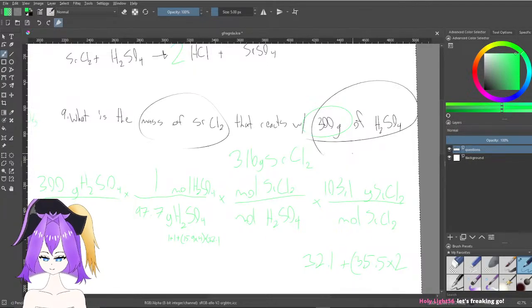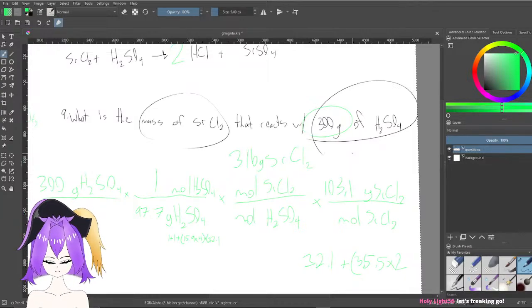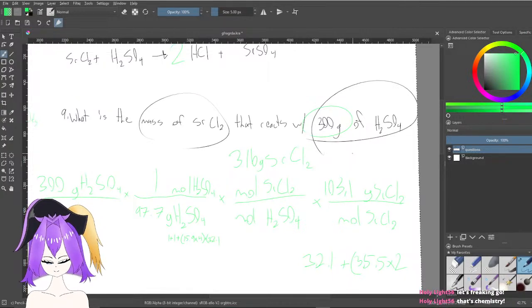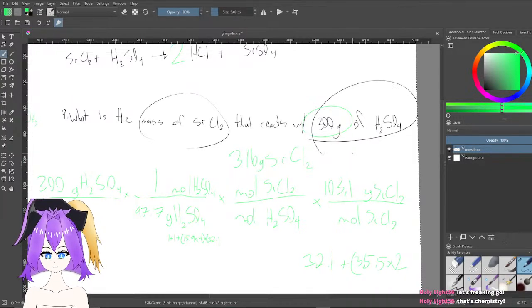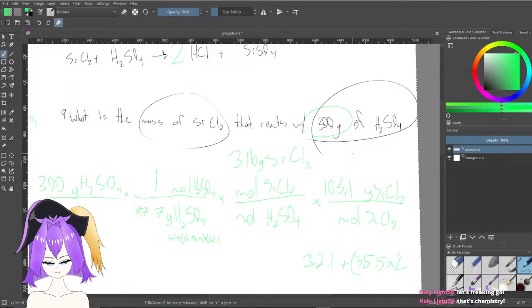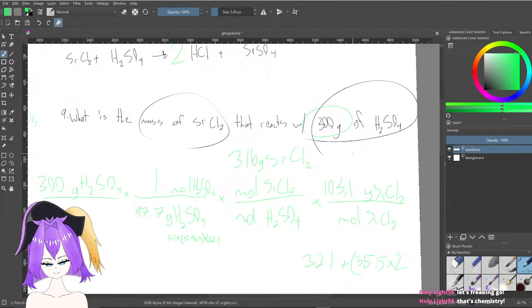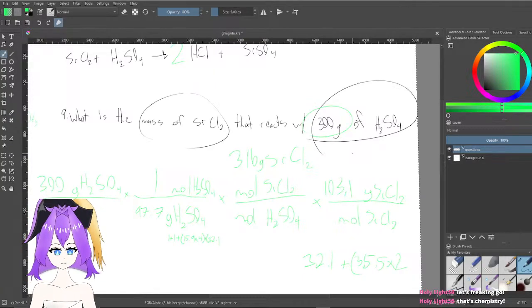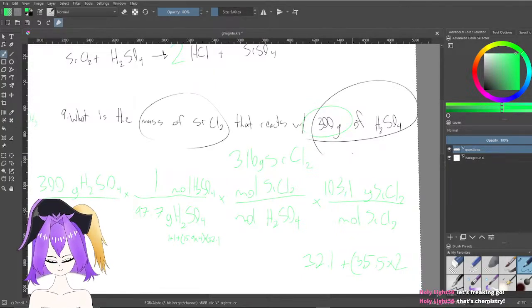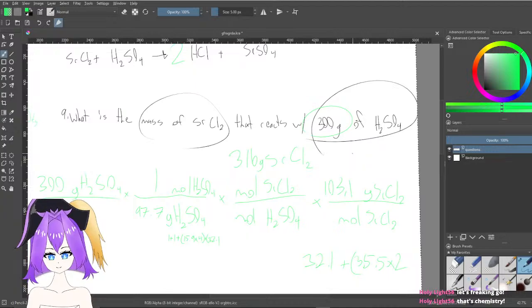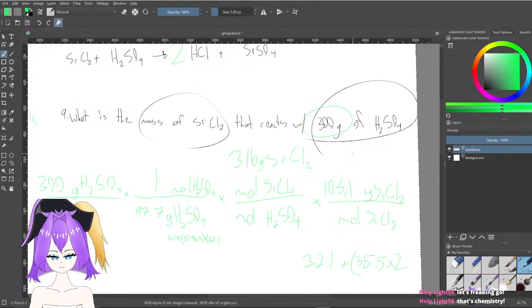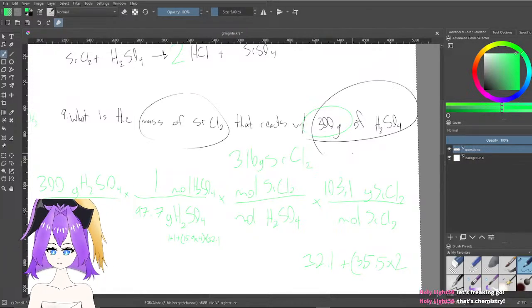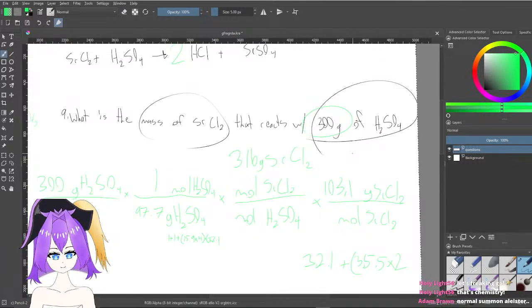Then moles SrCl2 per mole of H2SO4, then 103.1 grams of SrCl2 per mole of SrCl2. And this all gets me 316 grams of strontium chloride.